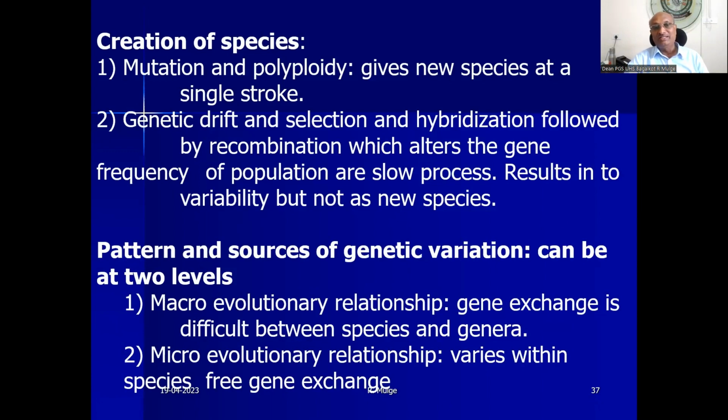Within a species also you can have some variations, like cross-pollinated crops and self-pollinated crops. That source will result in genetic variation, right? If it is random mating, cross-pollinated, variation is created.